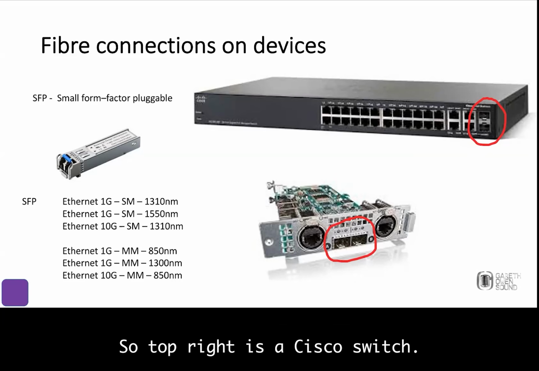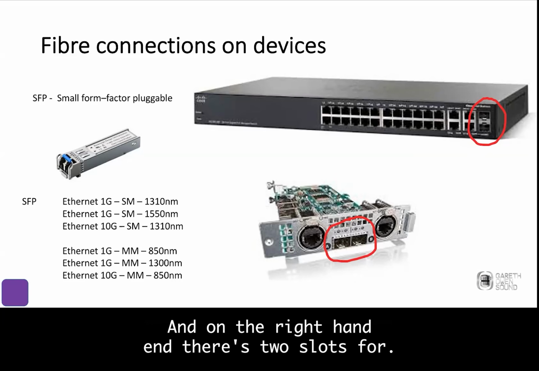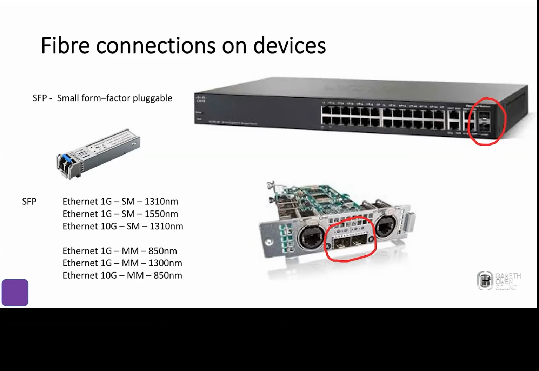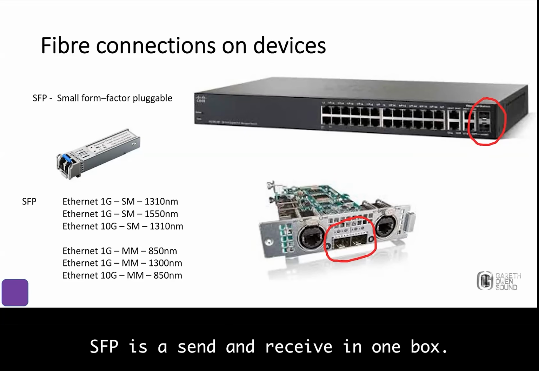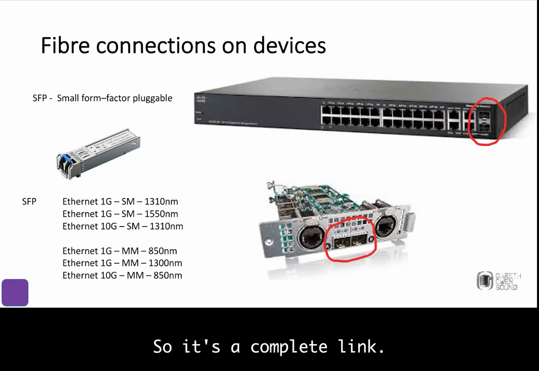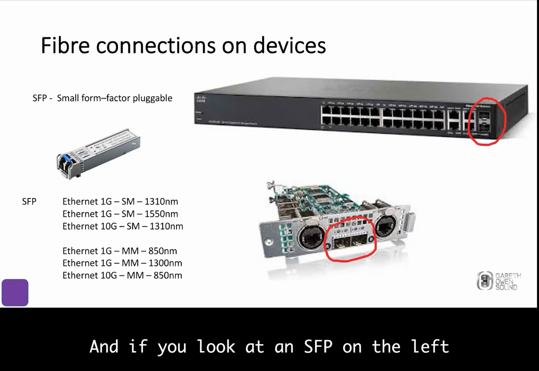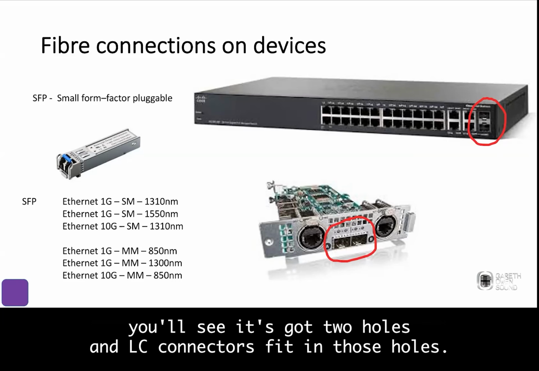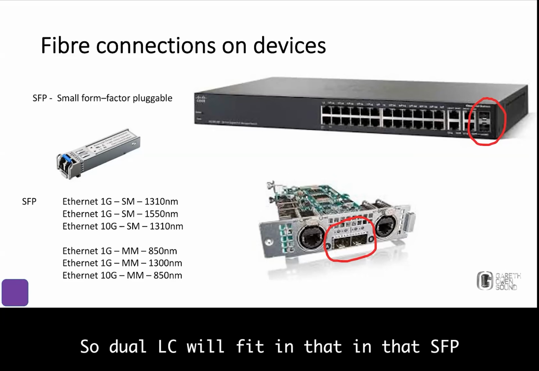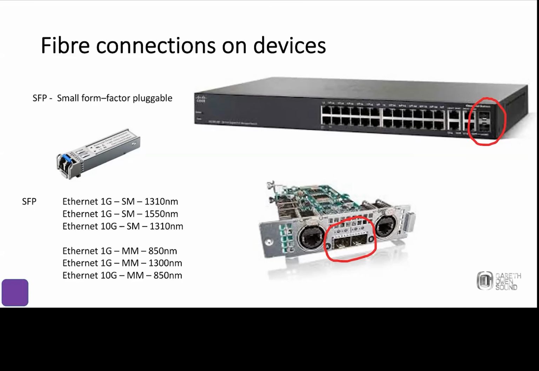So top right is a Cisco switch, and on the right-hand end, there are 2 slots for SFPs. Each SFP is a send and receive in one box, so it's a complete link. And if you look at an SFP on the left, you'll see it's got 2 holes, and LC connectors fit in those holes. So a dual LC will fit in that SFP.